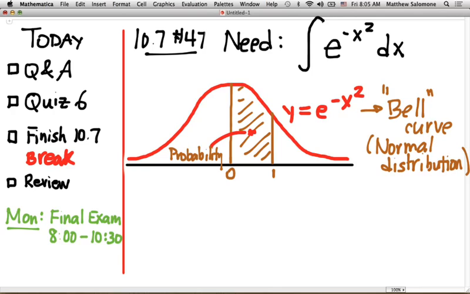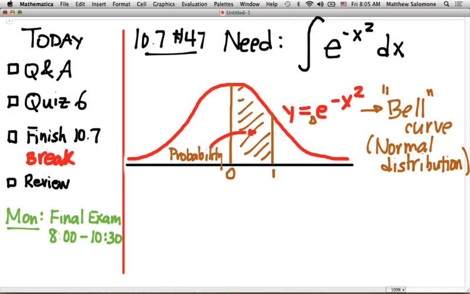The probability that a normally distributed random variable lies between 0 and 1. The only thing separating this function from the actual normal distribution is a constant factor placed out in front. And the constant factor is there to compensate for the fact that the total area under this graph from negative infinity to infinity has to be 100% in order to actually think of this as a probability distribution. So that's just background.